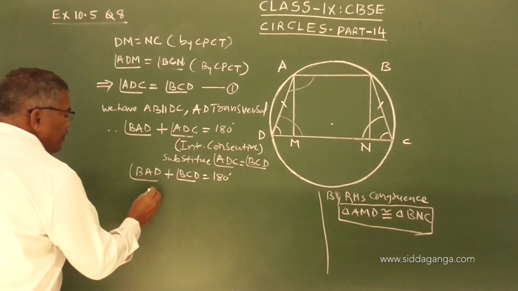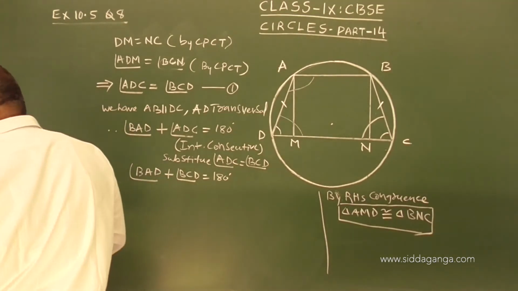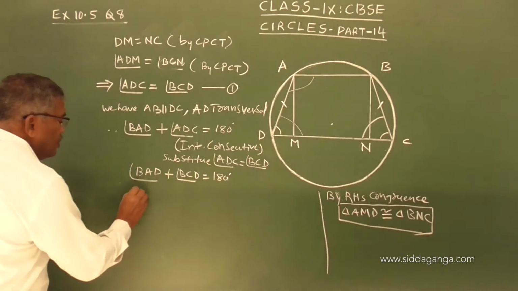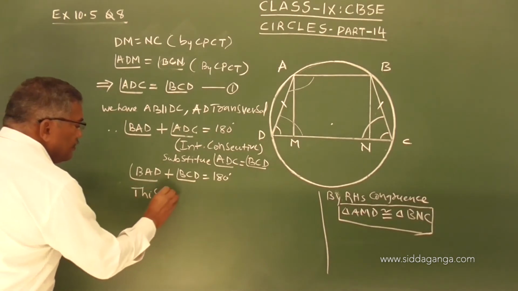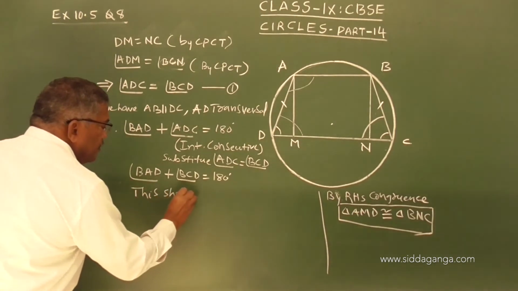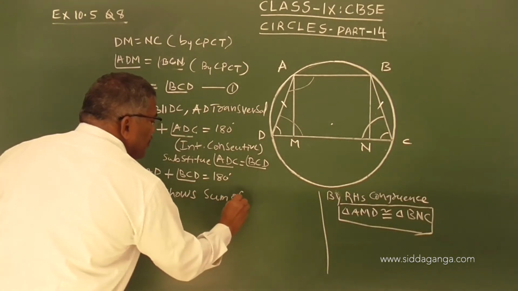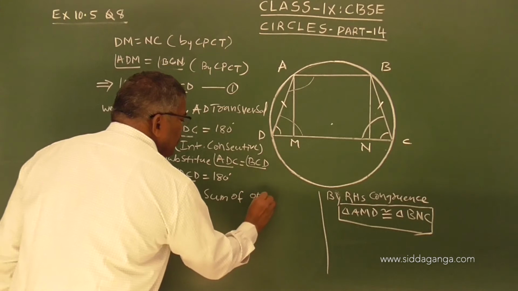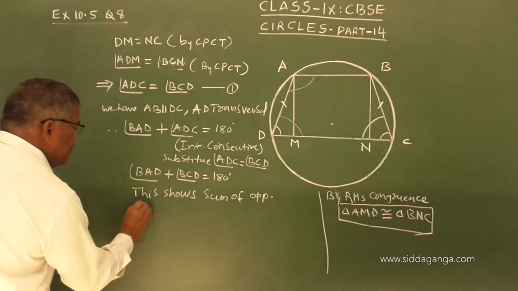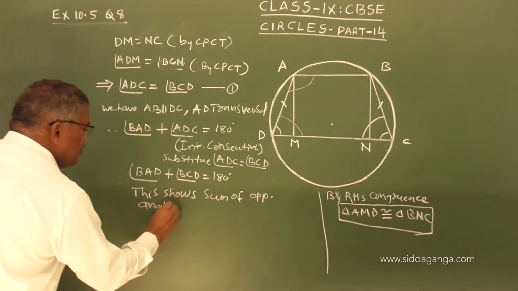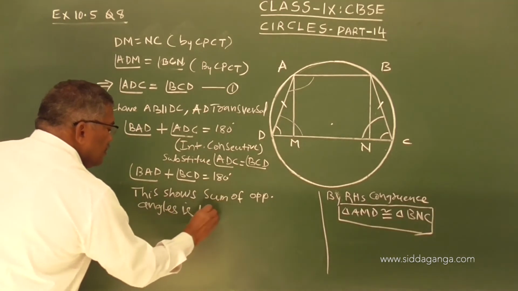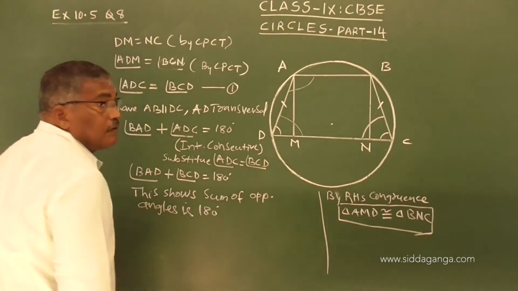So this shows the sum of opposite angles is 180 degrees.